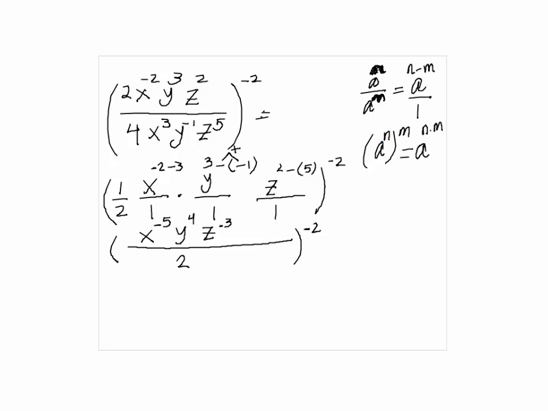We get x to the power of -5 times -2, that would be 10. y to the power of 4 times -2, that would be -8. And this would be z to the power of -3 times -2, that would be equal to 6. Over 2 to the power of -2.